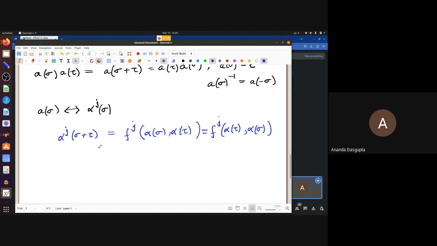But in order to write a differential equation, the obvious thing to do would be to change the argument by a small amount and see what happens. Say alpha j of sigma plus, let's say tau is replaced by delta sigma, a very tiny infinitesimal quantity.